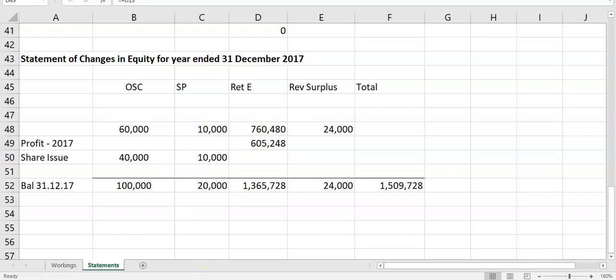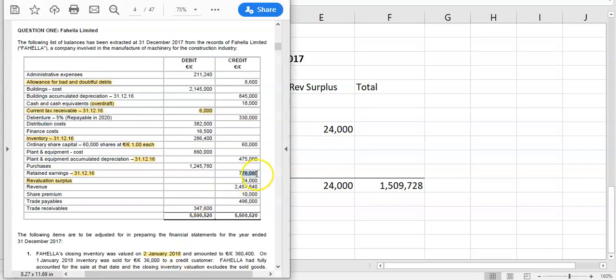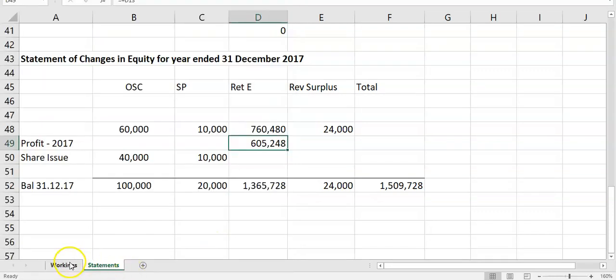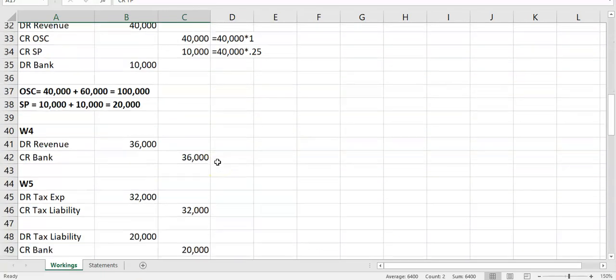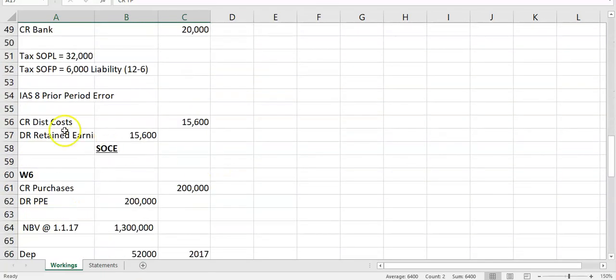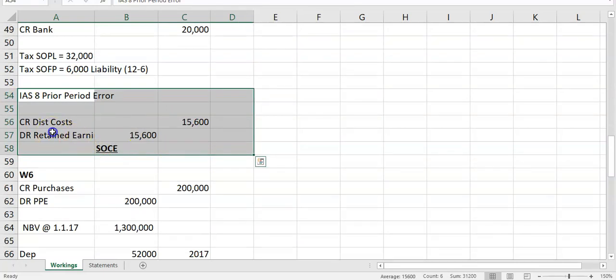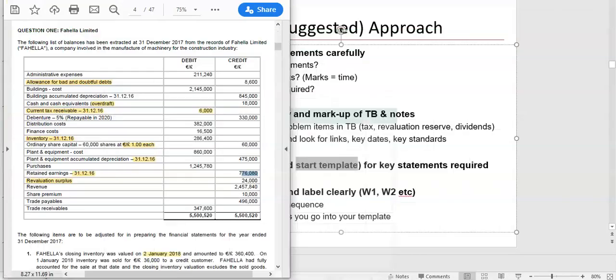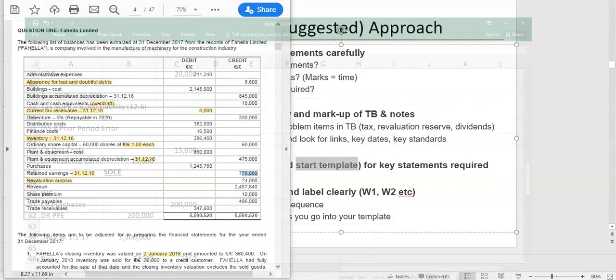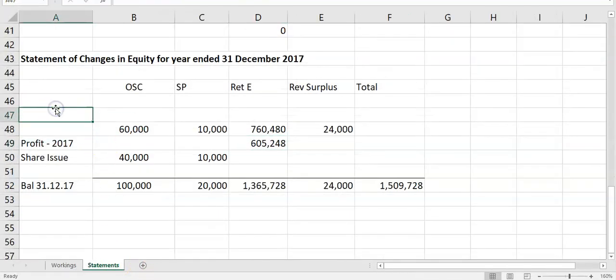But if we go back, our trial balance says it was 776,080. Hopefully you remember that in a previous working we had a prior period error. So that is where this is coming from. We debit retained earnings 15.6, and that shows up in the way it's presented on the statement of changes in equity. We call it a prior period error.